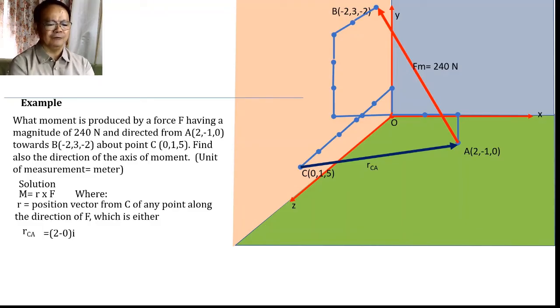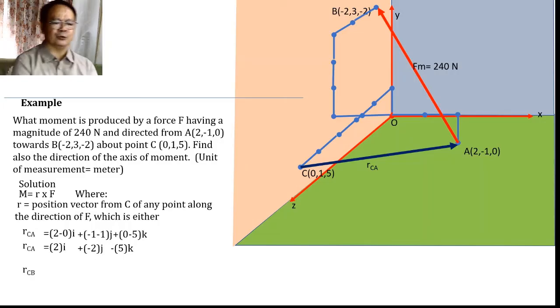such that we have (2 - 0)i plus (-1 - 1)j plus (0 - 5)k. That gives us a position vector equal to 2i minus 2j minus 5k. Similarly, we can also use the other position vector of the force where it is directed.